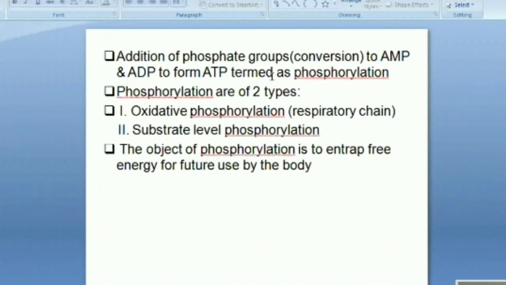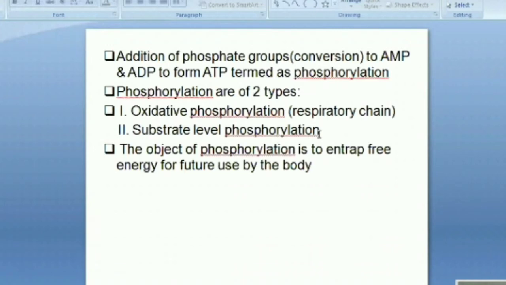Substrate level phosphorylation. Is it clear? When 1,3-bisphosphoglycerate is converted to 3-phosphoglycerate, some energy is produced.